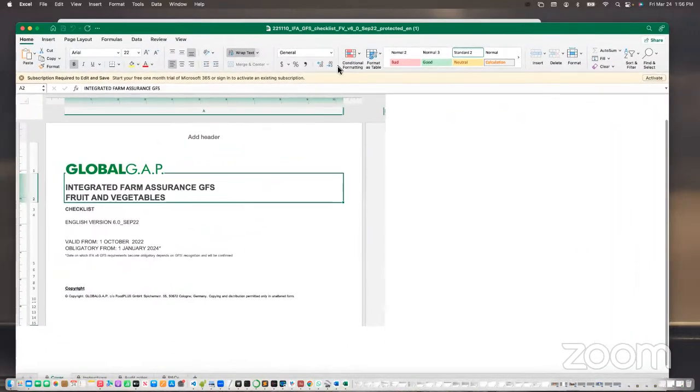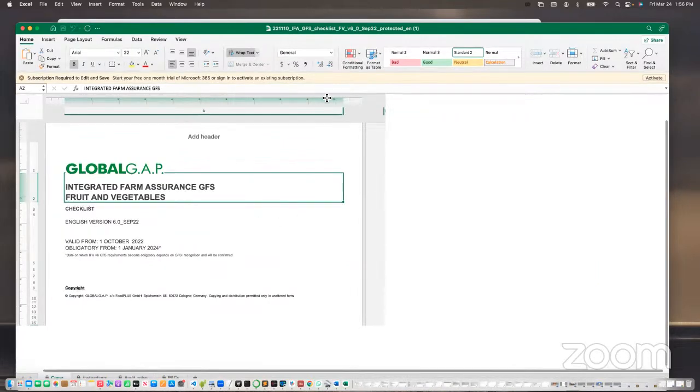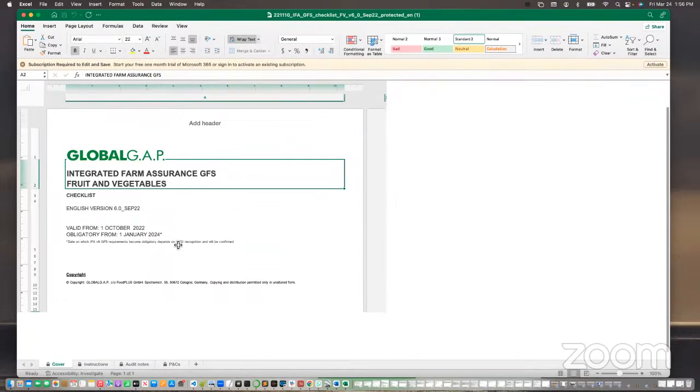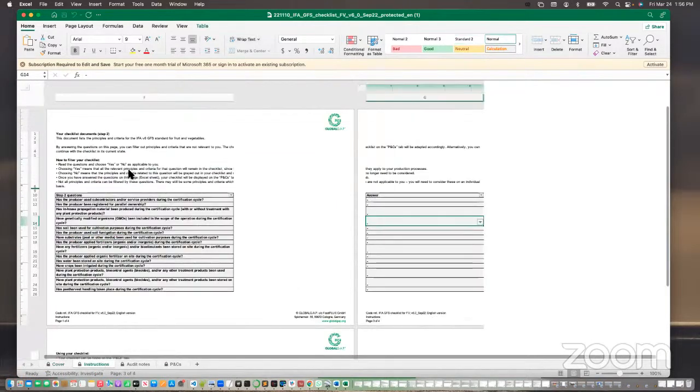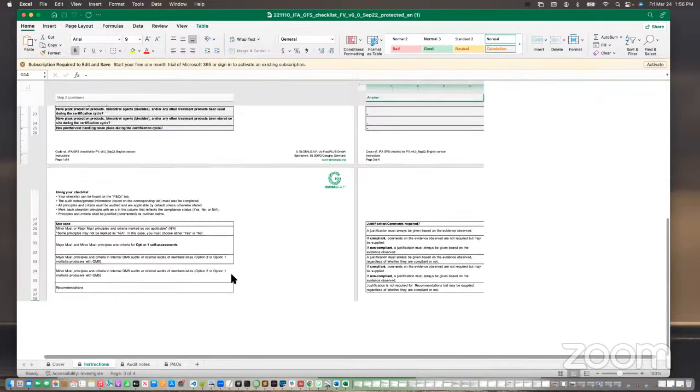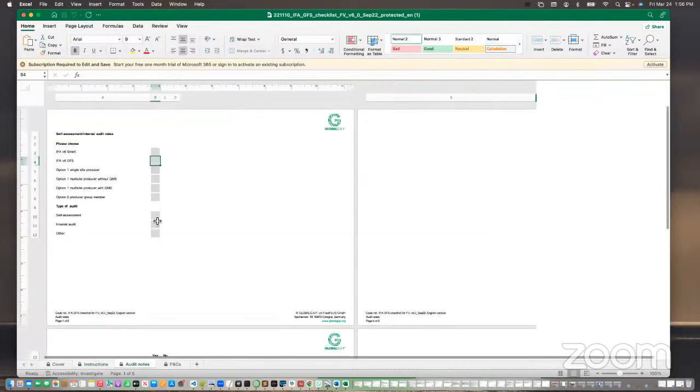Okay, so when I bring this up, this is an example of an Excel document that it would generate for you that you can start to use as your checklist. It has a tab with the instructions that you could browse through. And then it's got the audit notes tab.